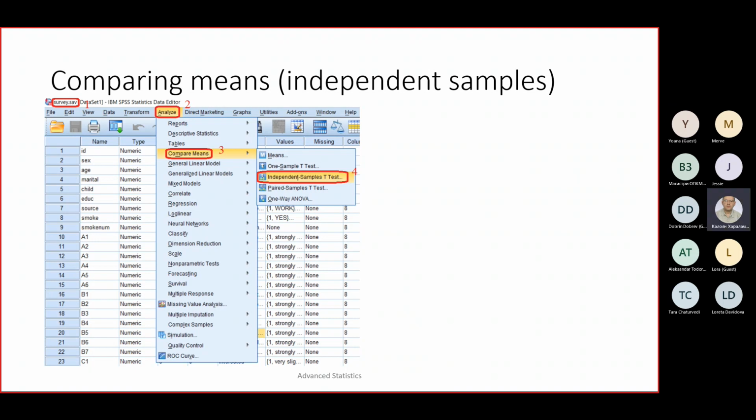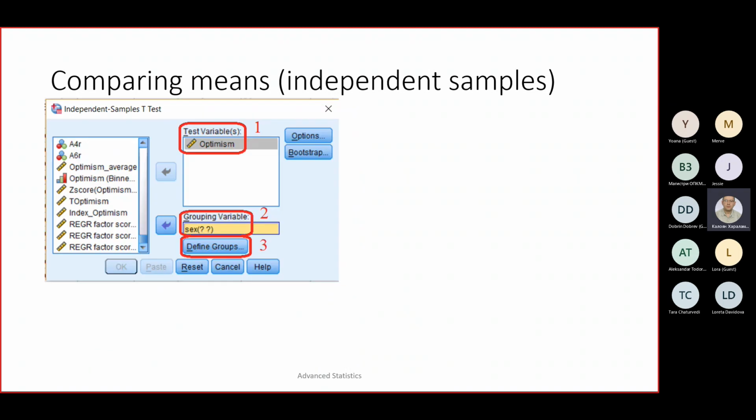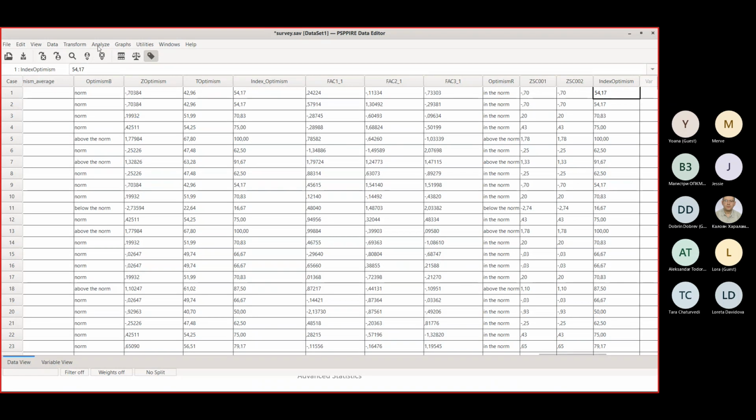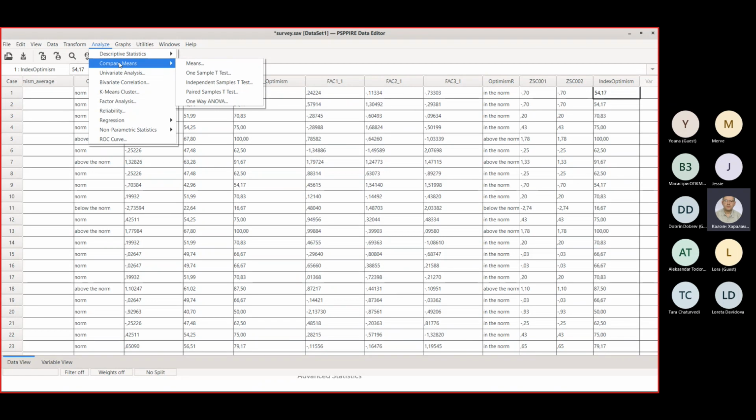So our example will be to compare optimism between male and female. We have a population of males, a population of females, and we want to compare their optimism. So I will choose Analyze, after that Compare Means, after that Independent Samples T-Test.